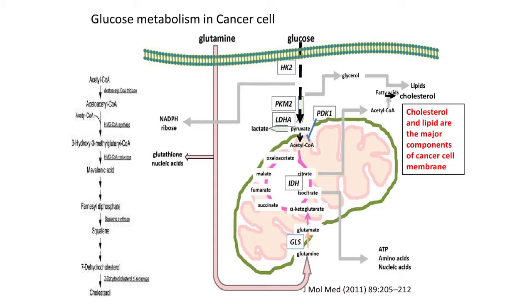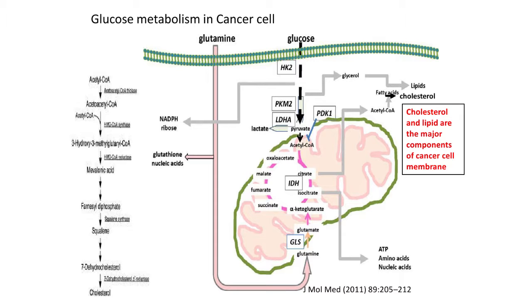Acetyl-CoA and a series of enzymes produce intermediates to cholesterol. Of course, I suggest we focus on other metabolites, protein or other steroid. But today, I like to focus on cholesterol.